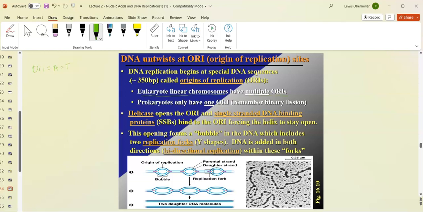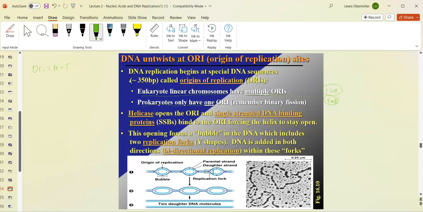You would never be able to copy your DNA in any reasonable amount of time without having lots of origins of replication. Prokaryotes usually only have 1, but their DNA is small. We're talking about 4 megabases, whereas ours is about 4 gigabases. 4 billion versus 4 million. So this would take 1,000 times longer to copy than this at equal rates of the polymerase.